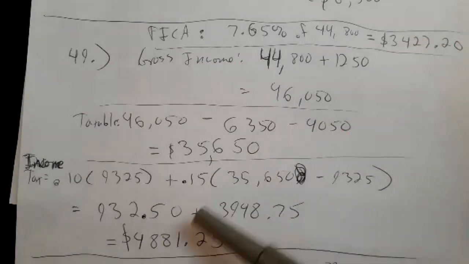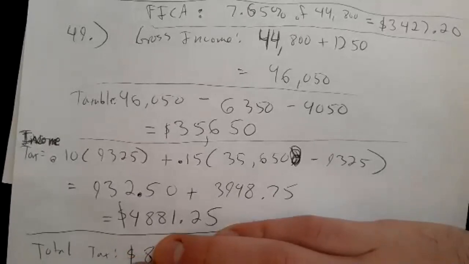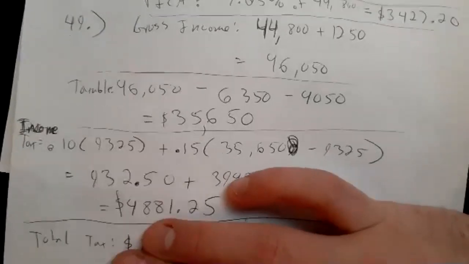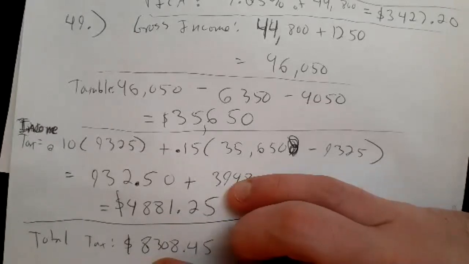FICA tax is separate from income tax. And so if we want total tax, what do we do with those things? You add them? Yeah, we just add those two. So if we add those two, what number do you get? 8,308. Yeah, that's it. 8308.45 is what I'm getting.